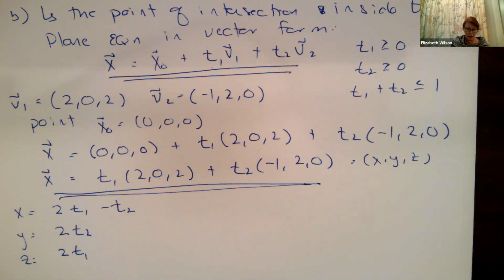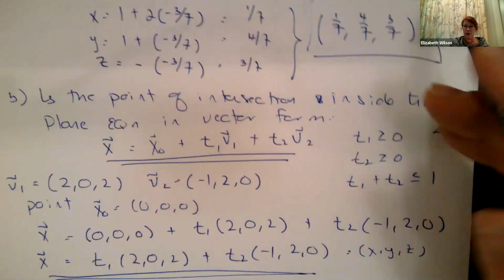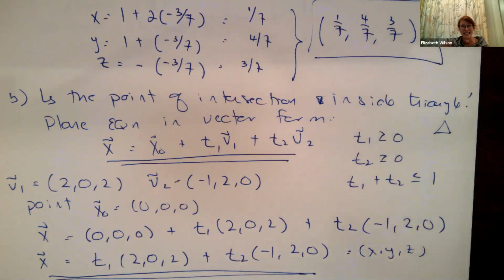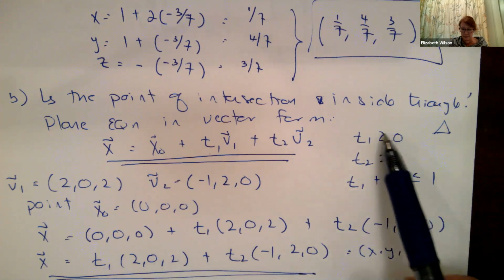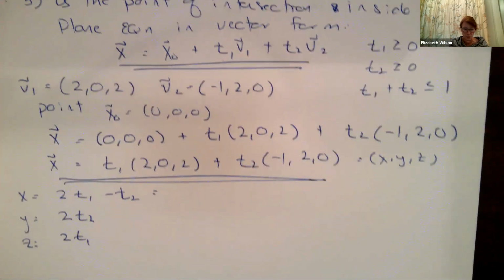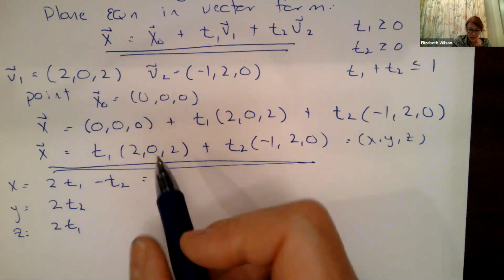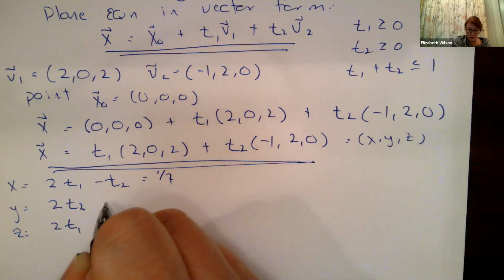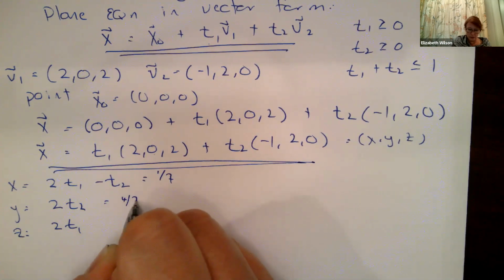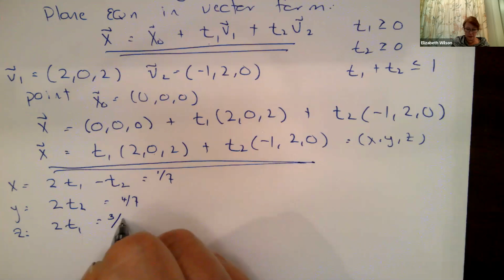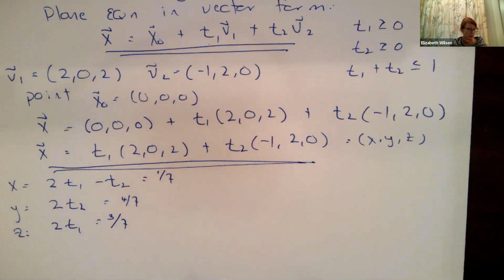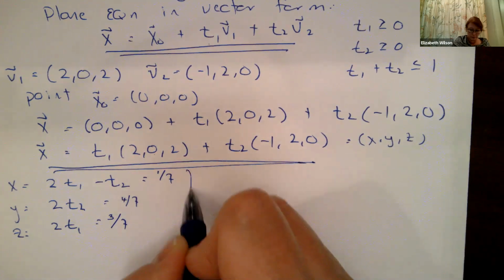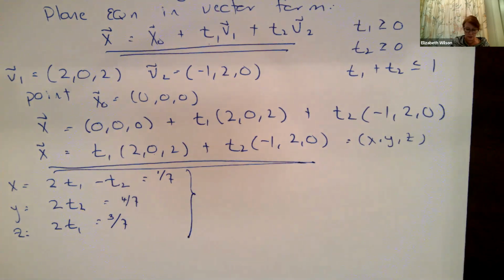Okay. I'm going to set this equal to the point of intersection, because I want to know, is that point of intersection inside that triangle? This is my triangle, right? I put a limit on it. I'm going to see if I can make this work. So this is equal to x, 1/7. This is equal to y. This is equal to z. This is our point of intersection we plug into here. Okay. Now I'm going to solve for T1 and T2.